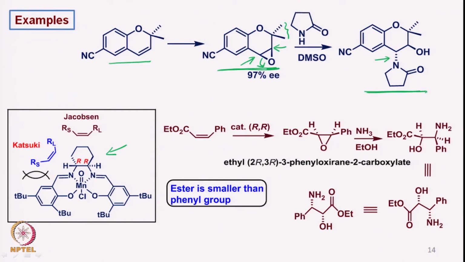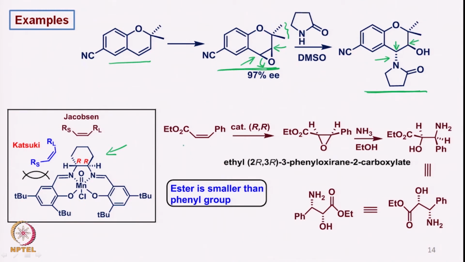So, we can have a regio- and stereoselective opening of the epoxide, and, as you can see, there are two asymmetric centers with two different functional groups attached to them.